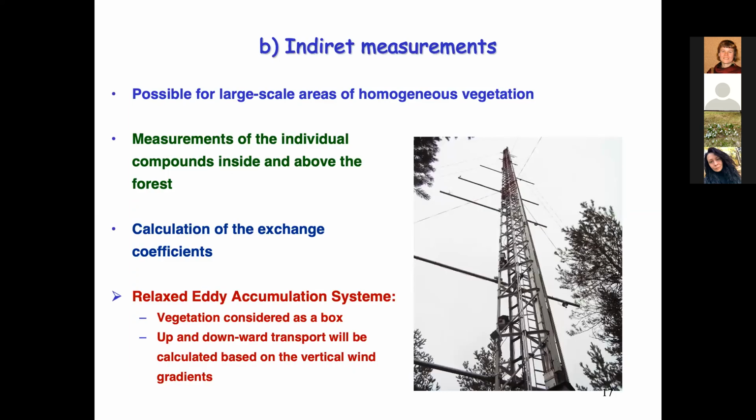The other way is to do it on top of the forest. If you have a homogeneous forest, you can put, and in Hyytiälä, I think it's at 32 meters or 24 meters, a relaxed eddy accumulation system. So you measure the wind speed in all three directions, and you measure with an instrument which has a very high frequency the concentration of the gas, and then you can calculate the fluxes.